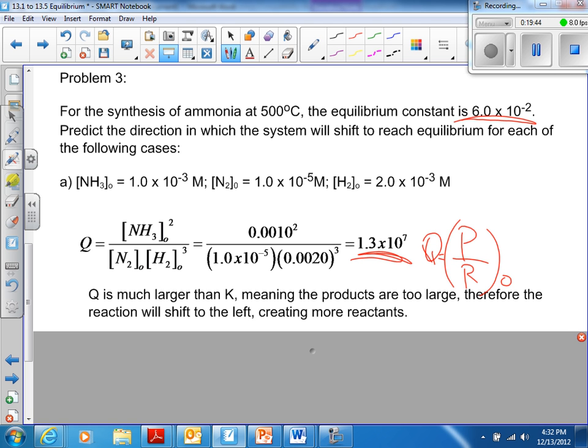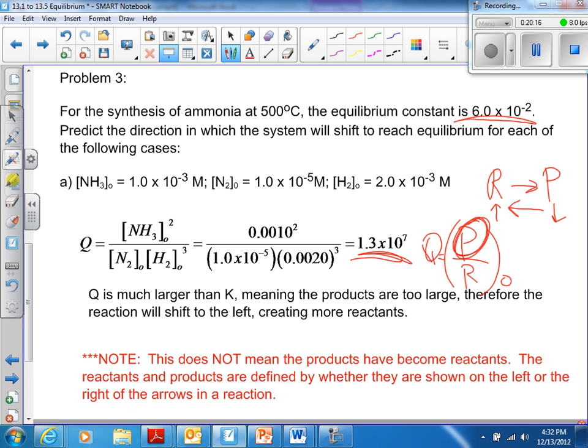Well, if that's too big, I've got to make products smaller so that I can get to K, which means I'm going to shift, oops, this is a P, not an R. Okay, so my products were too big because my Q is too big. So that means I've got to get rid of some products and shift left. Reactants go up, products go down.